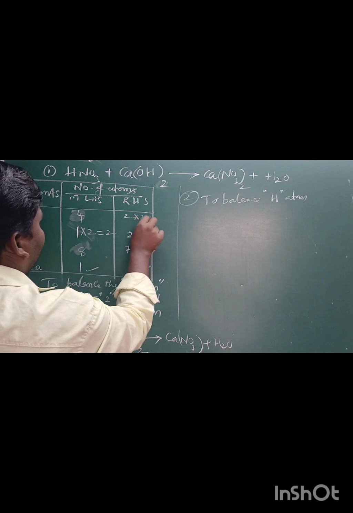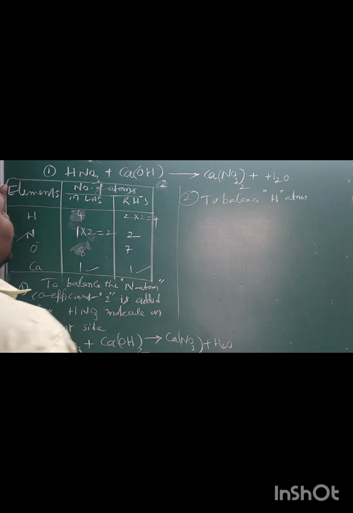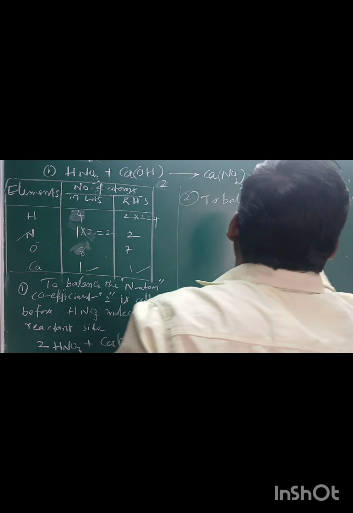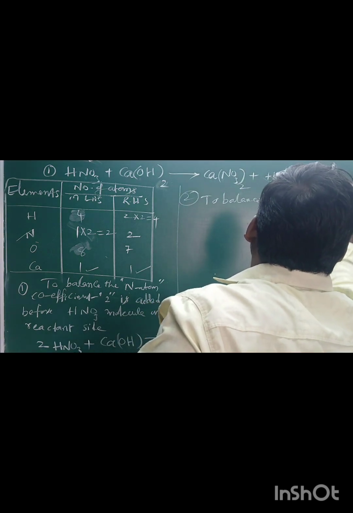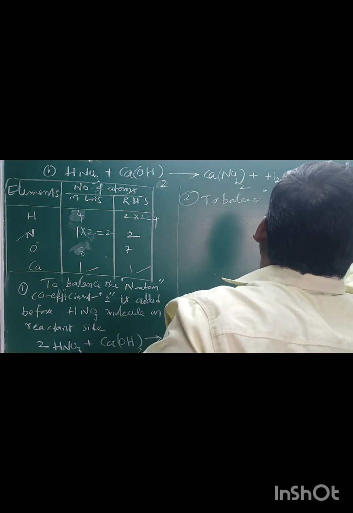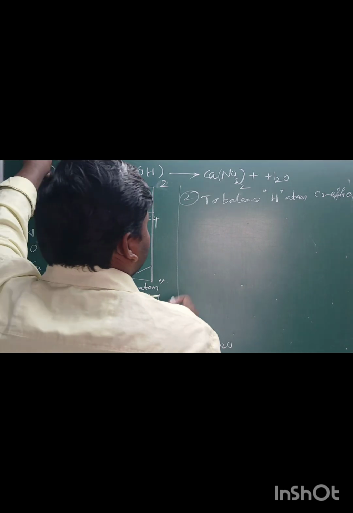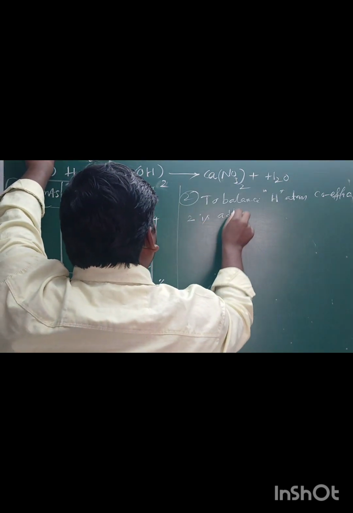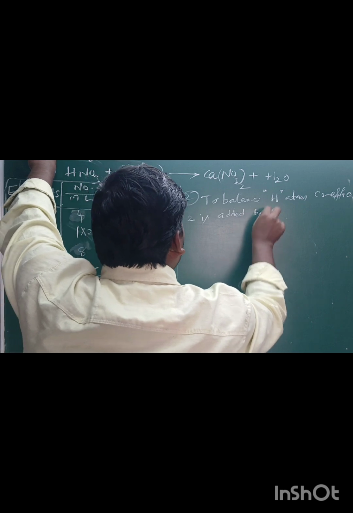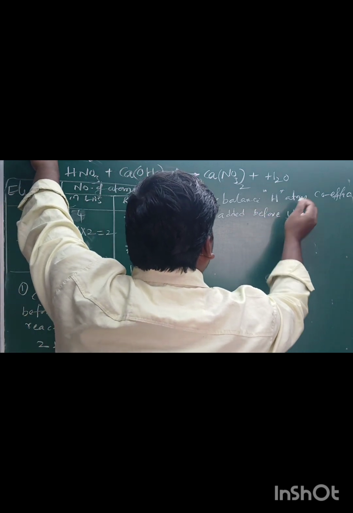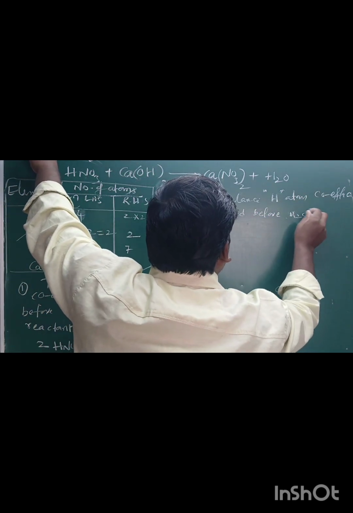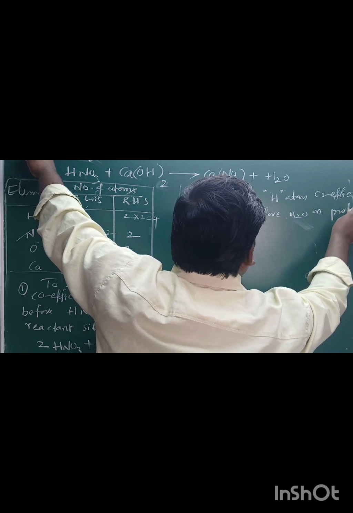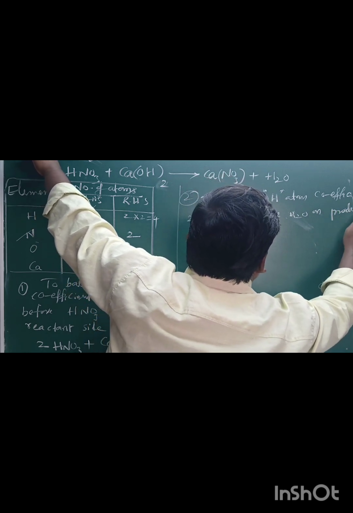On the product side, now I am multiplying by 2. Coefficient 2 is added before the water molecule on the product side.